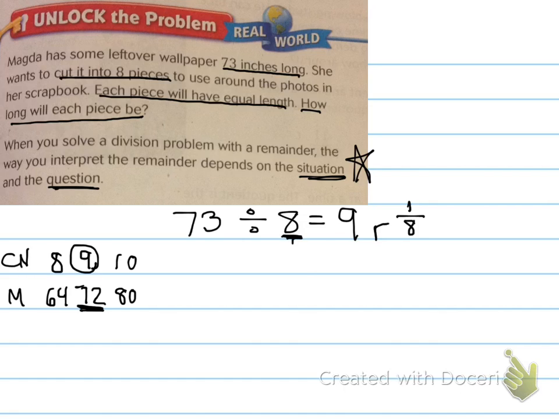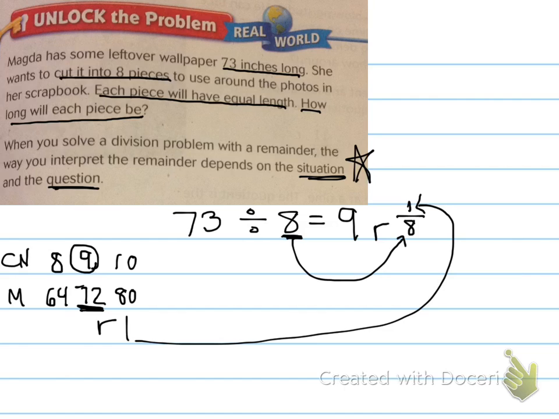The divisor became my denominator. My remainder became my numerator, right? Because each person will get 9 inches of leftover wallpaper and then 1/8 of an inch, because 8/8 would equal that 1 remaining inch.